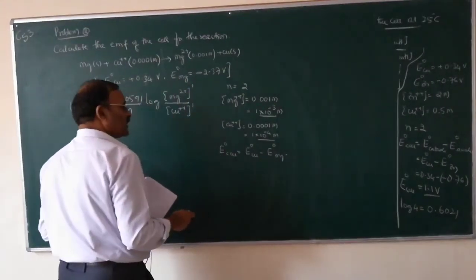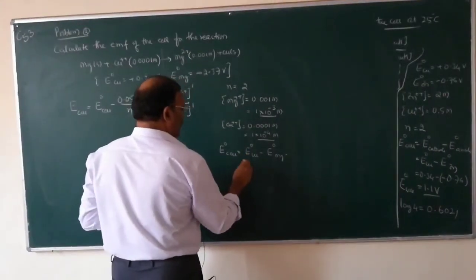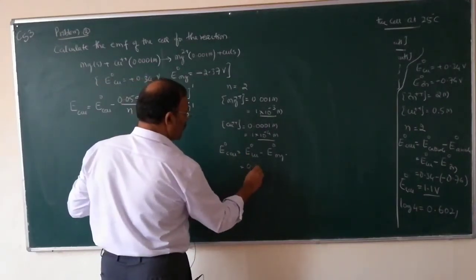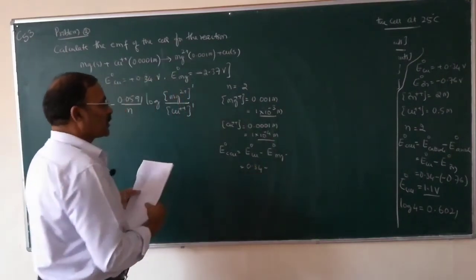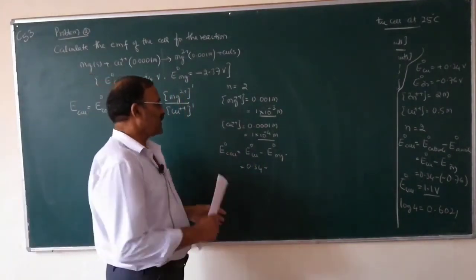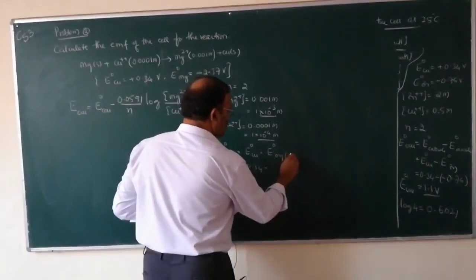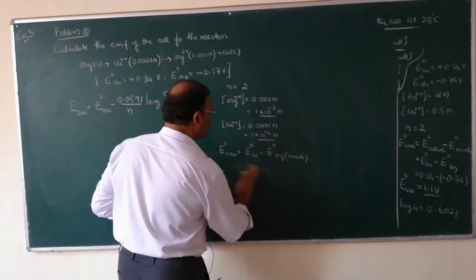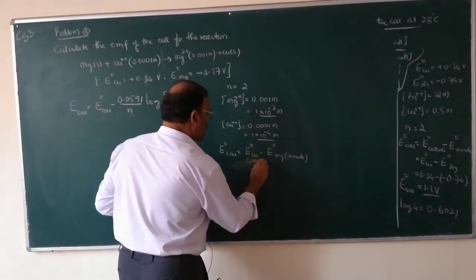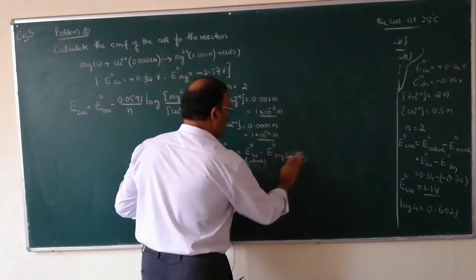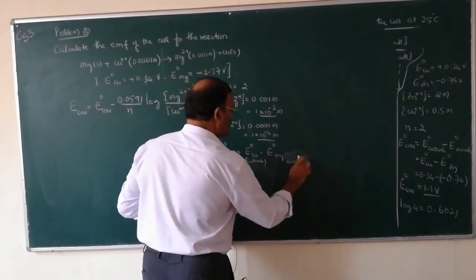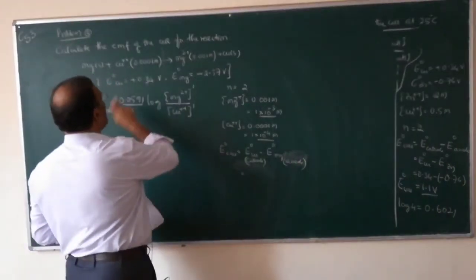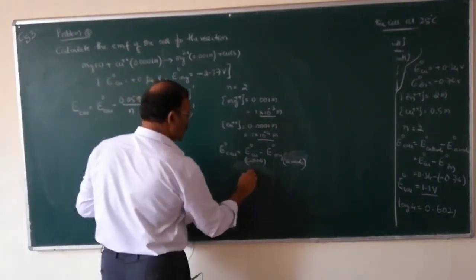The electrode whose electrode potential is less is the anode, and the electrode whose electrode potential is high is the cathode. So since E naught of copper, 0.34, is high, it is the cathode.